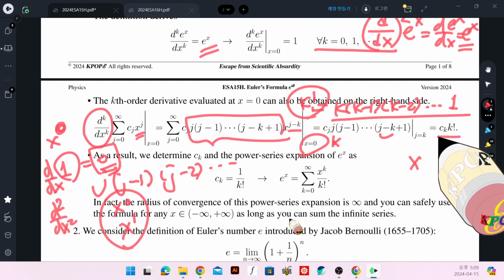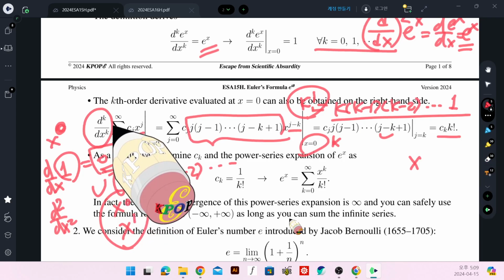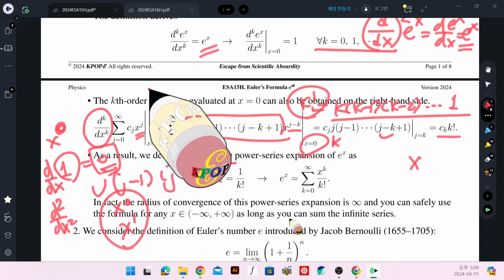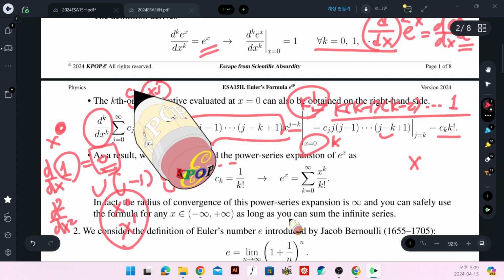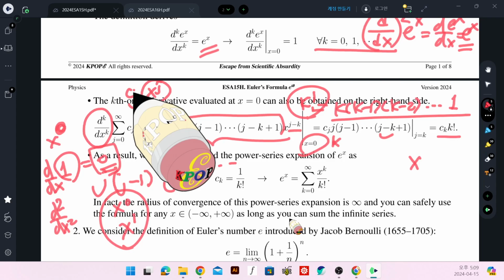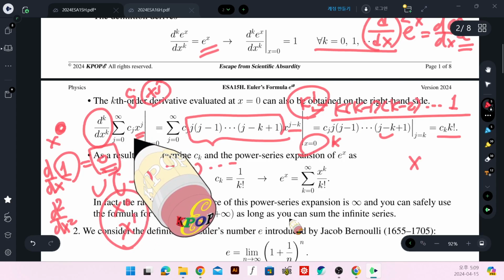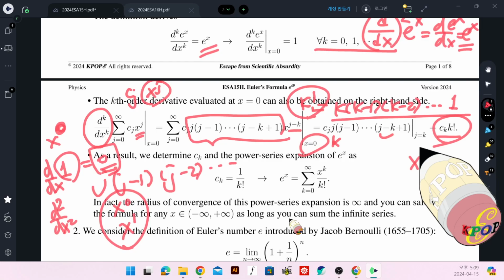So ck multiplied by k factorial is the kth derivative of the x to the j term, whose coefficient is cj. If I sum over j from 0 to infinity, only this contribution survives.